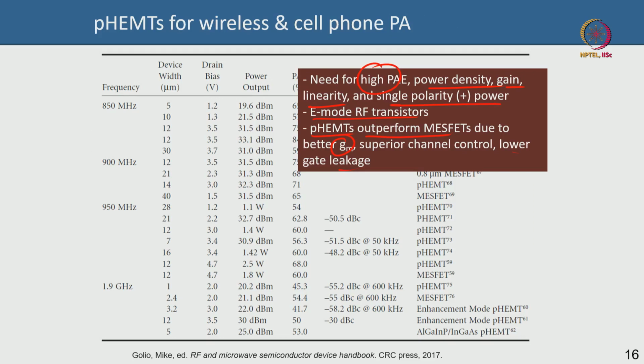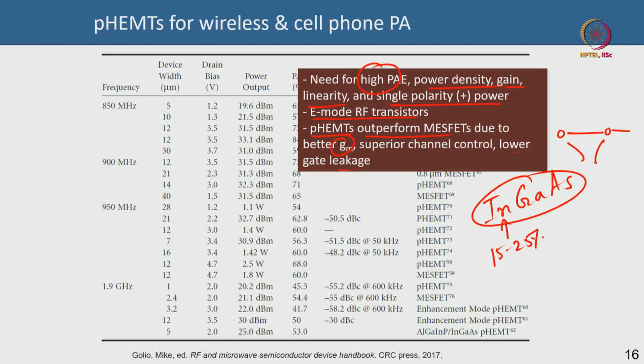Now, actually people found out that in a pseudomorphic HEMT, indium gallium arsenide, the indium mole fraction is somewhere between 15 to 25%, no more, because beyond that this layer will have so much strain that it will relax and lead to dislocation. When I say relax, see this InGaAs has a larger lattice constant, it is forced to grow on a smaller lattice constant gallium arsenide substrate, so it is squeezed up. That is strained.